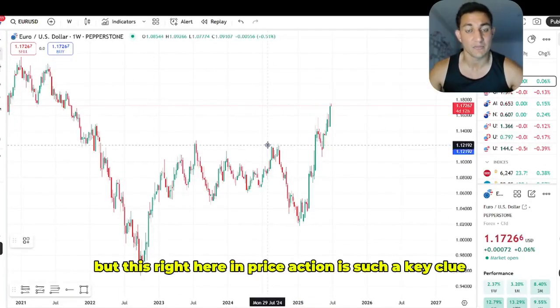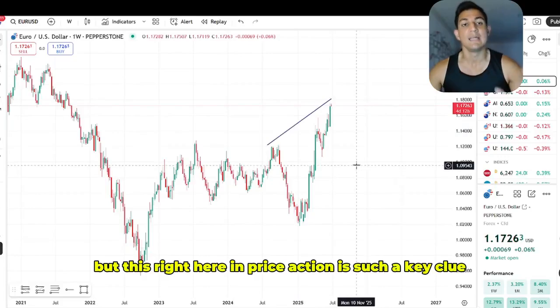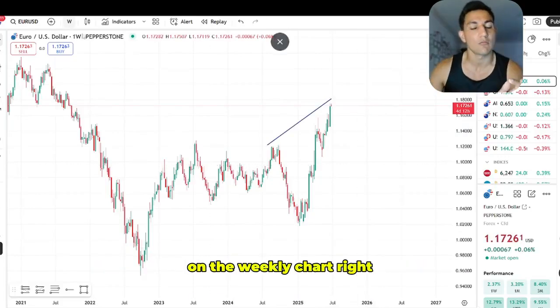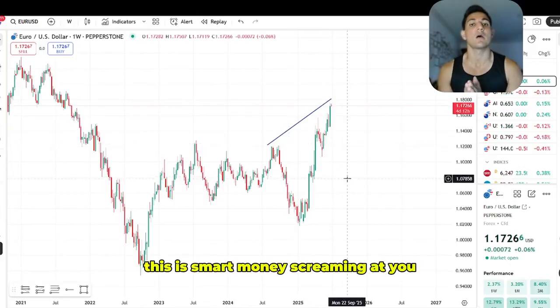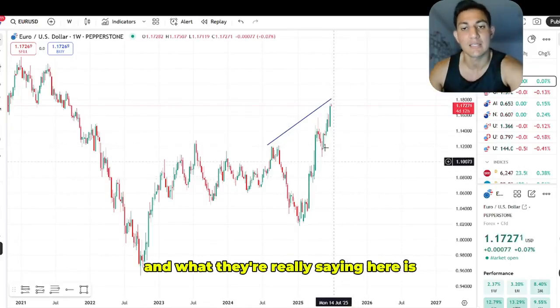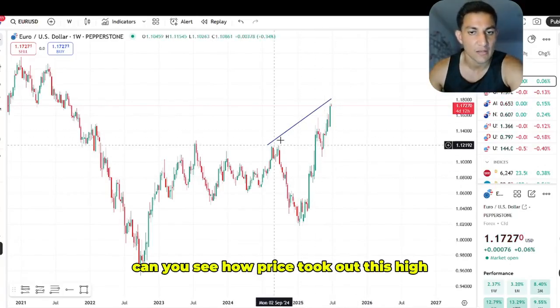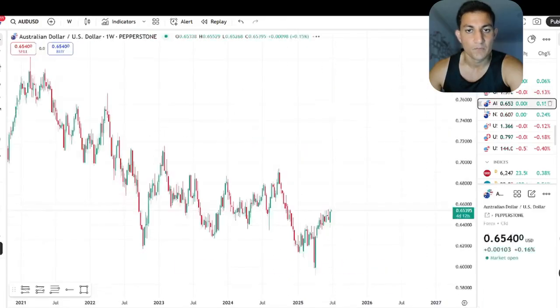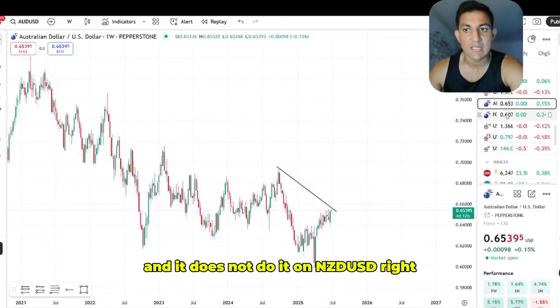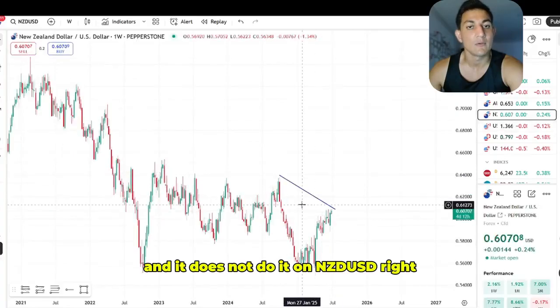The name does not matter, but this in price action is such a key clue on the weekly chart. This on the 5-minute or 1-hour chart does not matter, but on the weekly chart, this is smart money screaming at you. And what they're really saying here is, can you see how price took out this high on Euro Dollar? It does it on GBP USD. It does not do it on AUD USD, and it does not do it on NZD USD.